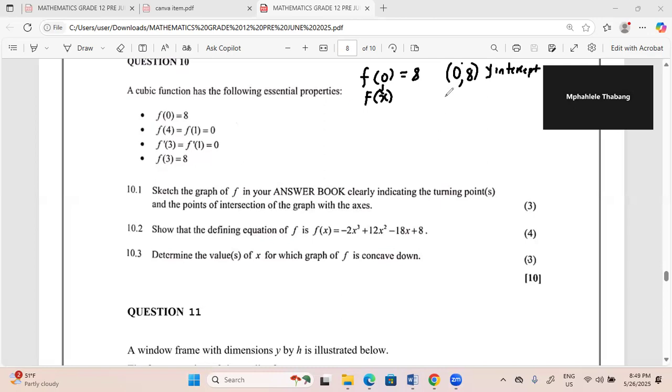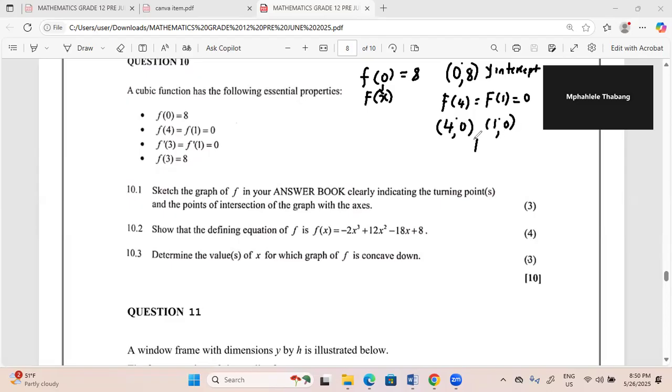Now they are saying f(4) equals f(1), which is also equal to 0. So they are saying when x is 4, y is 0, and even when x is 1, y is 0.